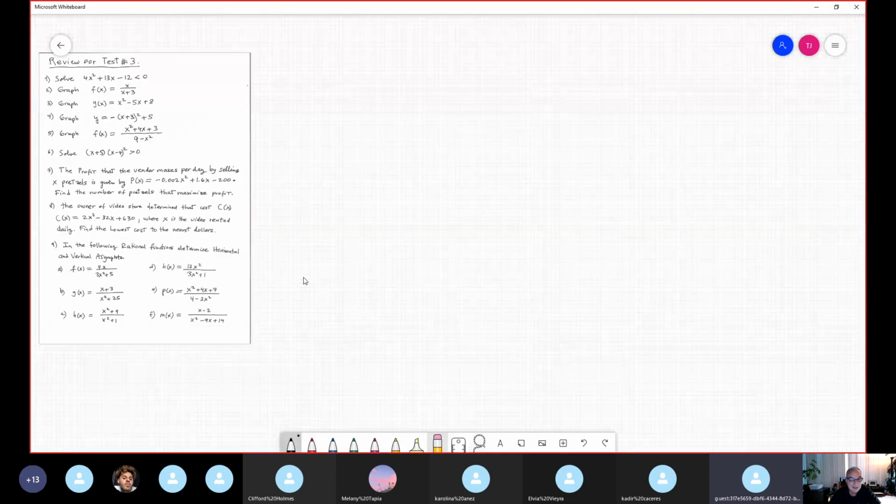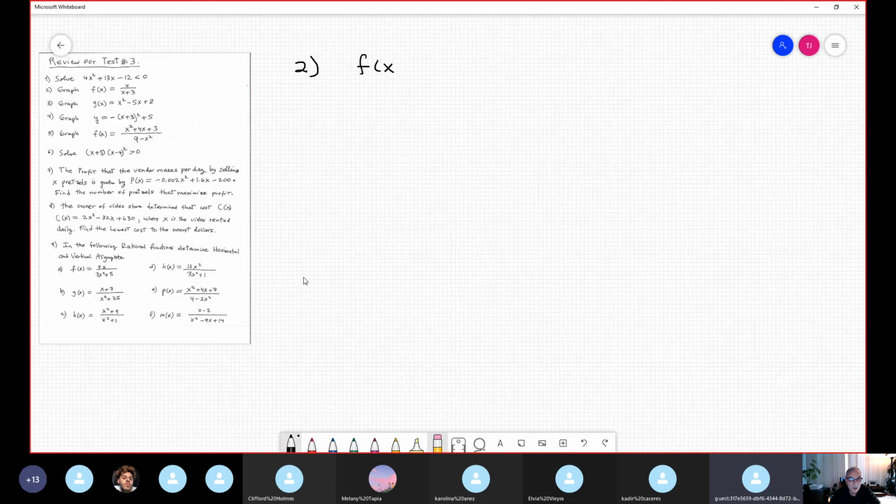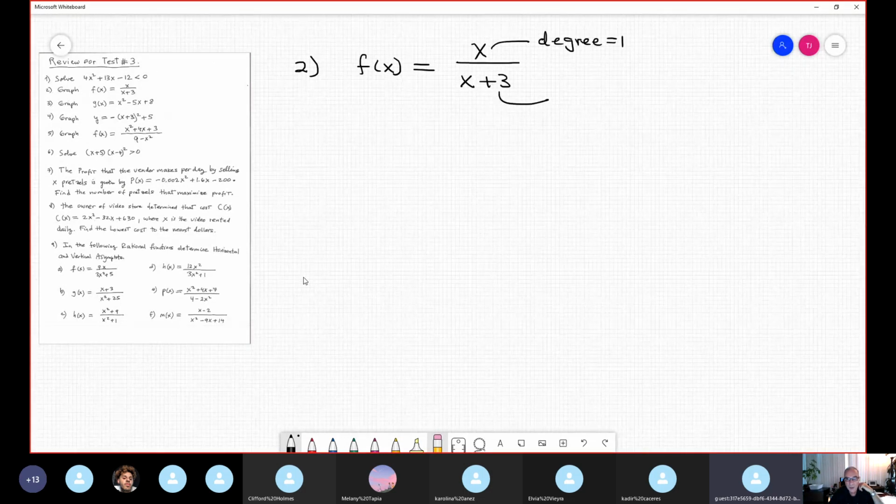Number 2 is a classical example of a rational expression in which you have a division of polynomials. The polynomial on the top is degree 1. By the way, the polynomial on the bottom is also degree 1. Okay? Let's do it step by step.